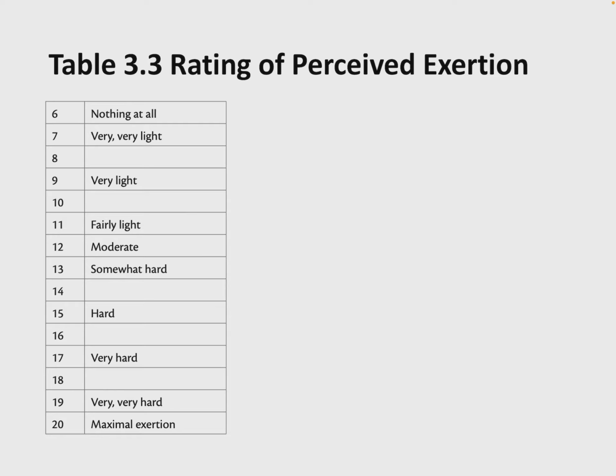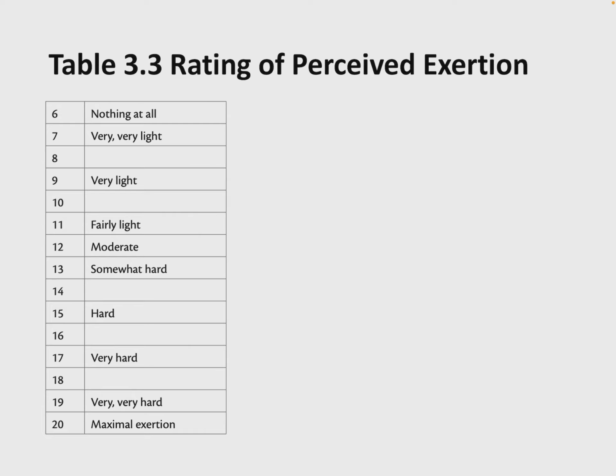So some people may be exercising towards the higher end of their age predicted max heart rate, but they find it's not challenging enough for them, or their formula for the age predicted max heart rate has them exercising at one intensity and they're way below that, and yet they still find it very challenging.